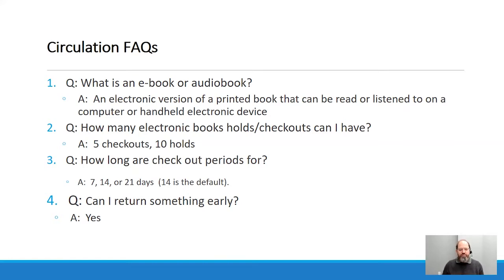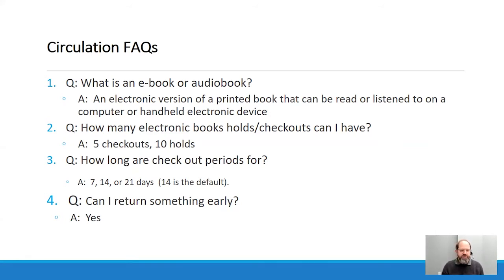And the checkout period defaults to 14 days, but you can choose 7 or 21 days as your default. And when you change it, it will change that to a default. And if you've read all your books and you want to check out more, but your time's not up, you can return items early.